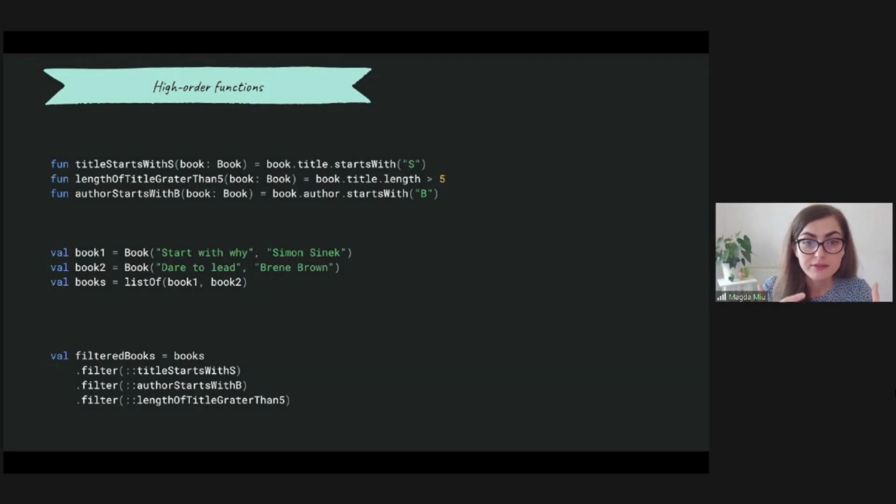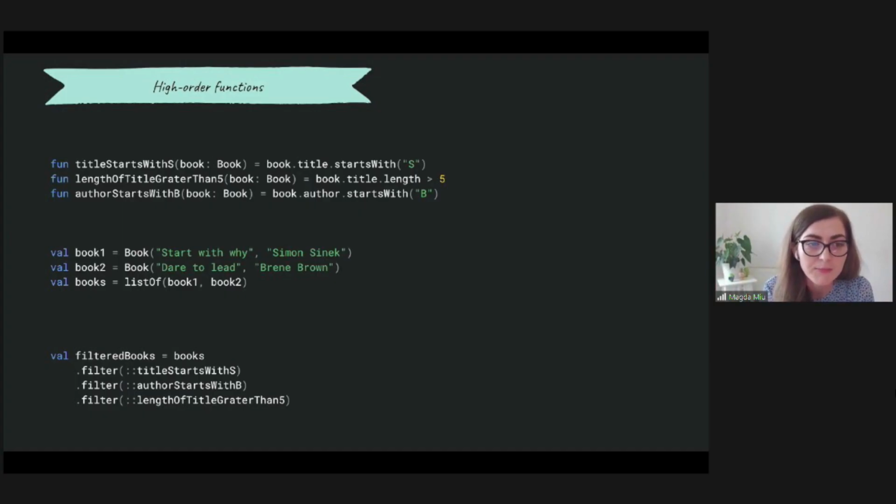And this trend has led to the creation of higher order functions. In terms of functional programming, a higher order function could be characterized by the fact that it takes one or more functions as an argument, or it returns a function, or it does both at the same time.